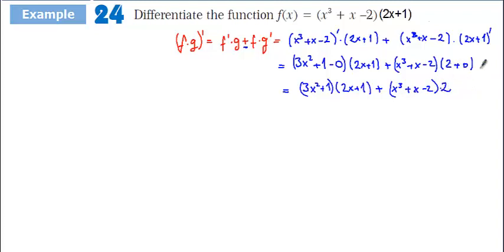If you multiply them one by one, 3x squared times 2x is 6x cubed. 3x squared times 1 is plus 3x squared.